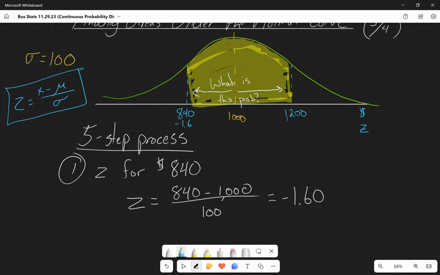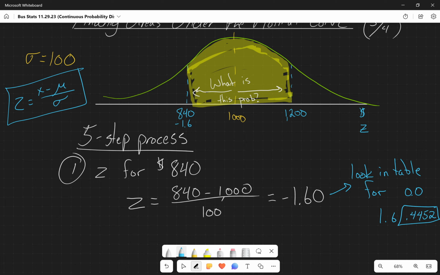Now, when I'm looking up this negative 1.6 in the z table, am I going to find negative values? No. Because it's symmetrical, we just find the z value for 1.6. So when we look in the table for the 1.6 and then the 0.0, that's going to give us the value that we have here, which is 0.4452.